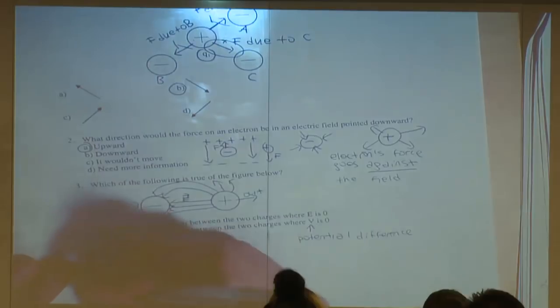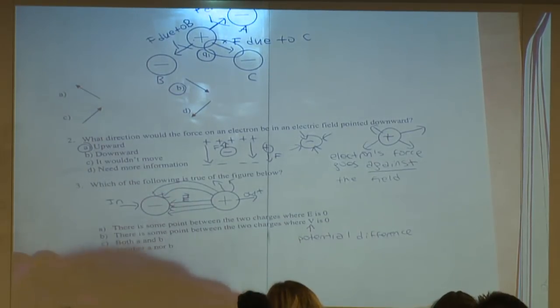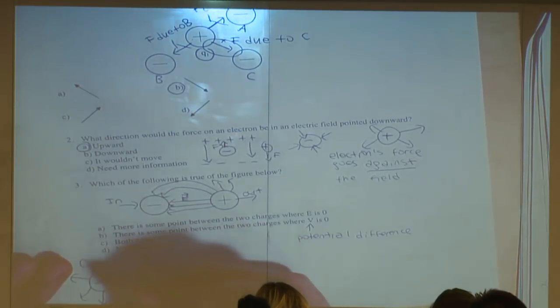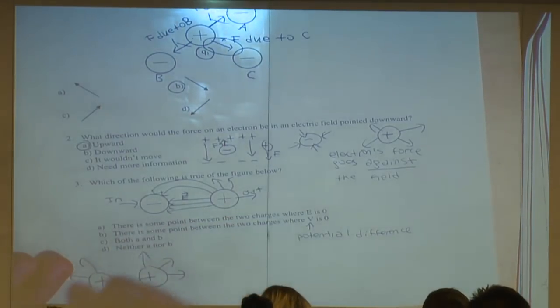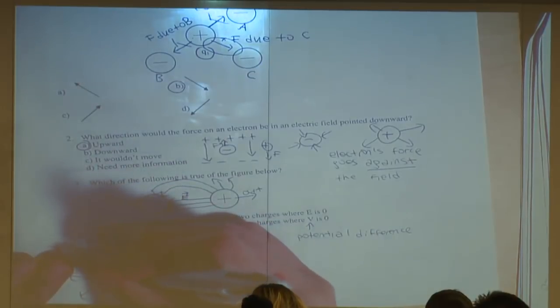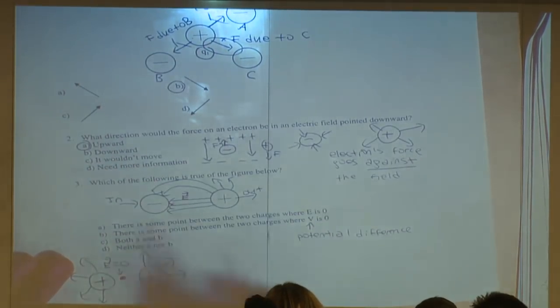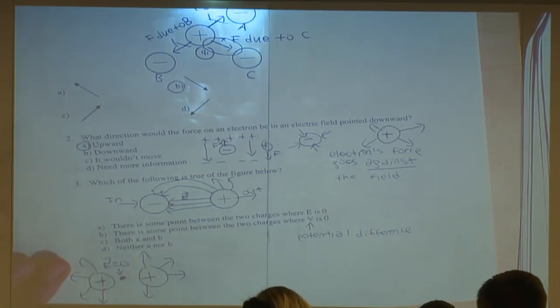For example, if you had 2 positive charges, all these want to do is go out, right? I know this isn't the best drawing. But if you had 2 like charges, then right in the middle, E would be 0, the electric field was 0. But when you have different charges, it's not possible for the electric field to be 0 in between those charges.